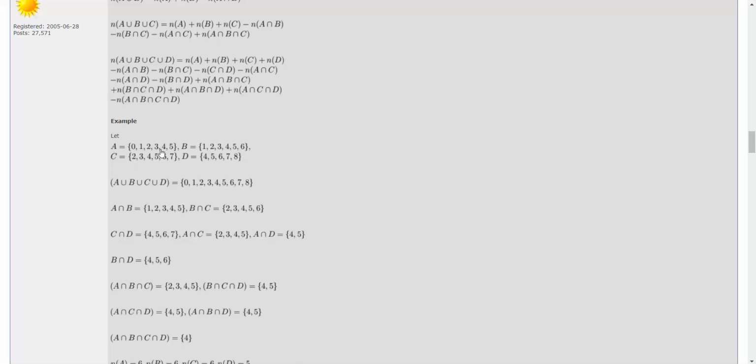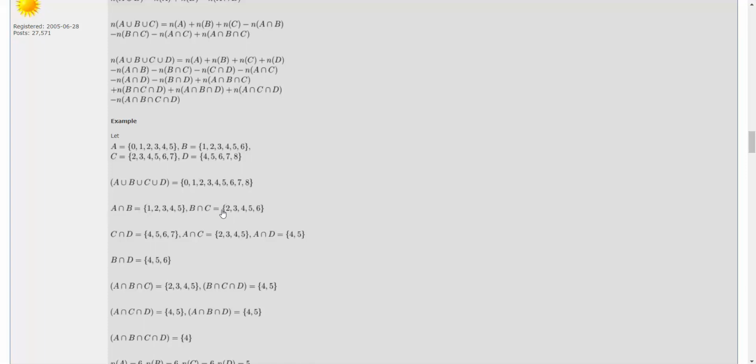Then C is 2, 3, 4, 5, 6, 7, and D is 4, 5, 6, 7, 8. A is not a superset of C, since there is no 0 in C. So for A union B union C union D, you union all of these and remove all the duplicates. So we have 0, 1, 2, 3, 4, 5, 6, and then 7 and 8.